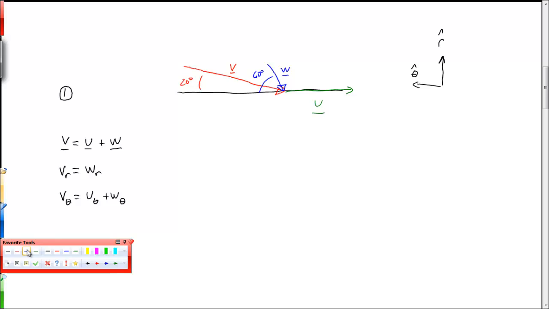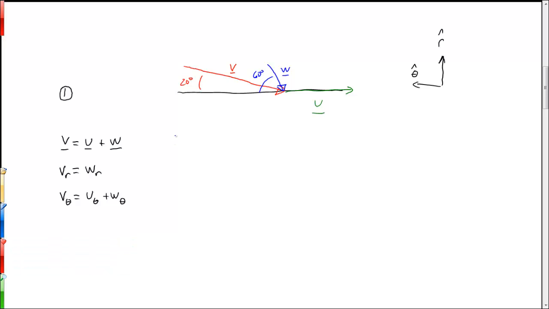Now, we also know from the geometry that tangent of 60, sorry, not tangent, sine of 60 degrees for our W is going to equal, let's see, 60 degrees is here, so opposite over this, so it's going to be equal to WR over the speed W, but because WR is going to be pointing inward, we're going to get a minus sign here.